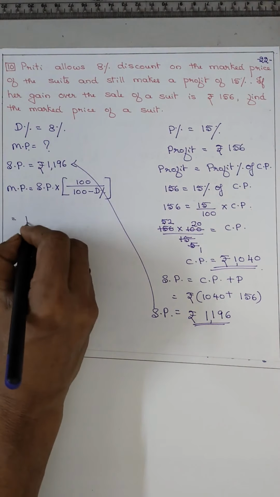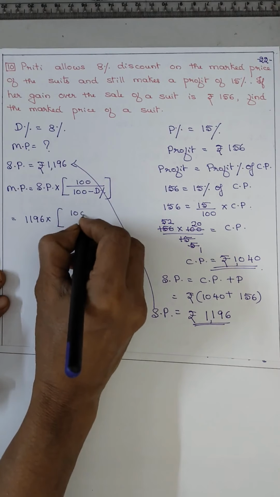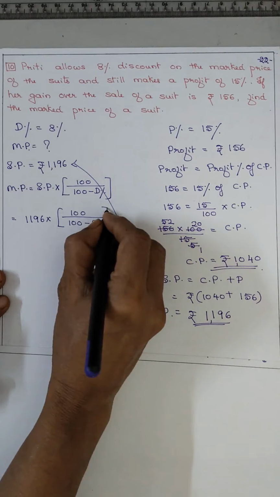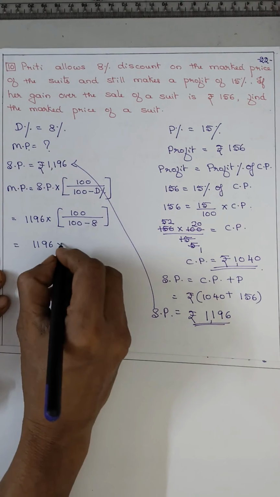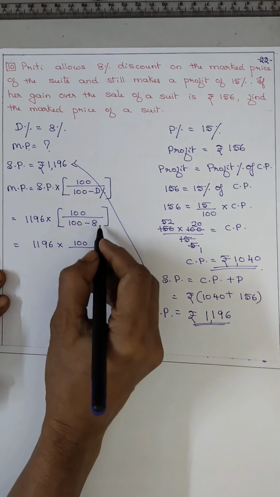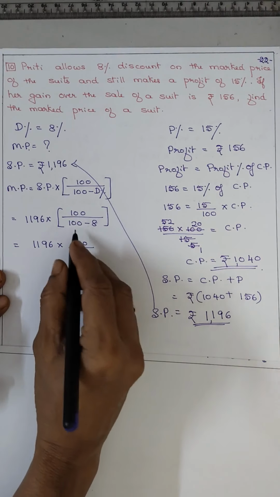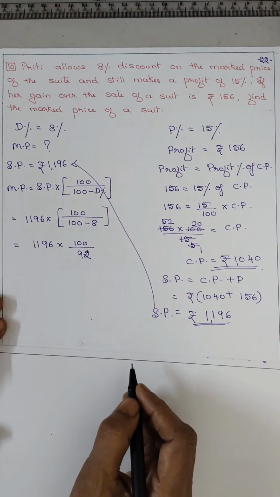Now SP is 1196, 100 upon 100 minus 8. That is 1196 into 100 upon 100 minus 8, 92. Now 9 is remaining, 92.